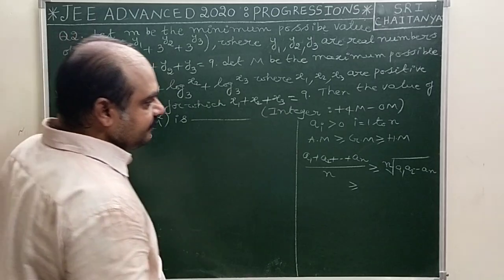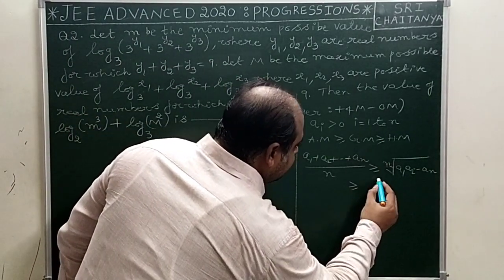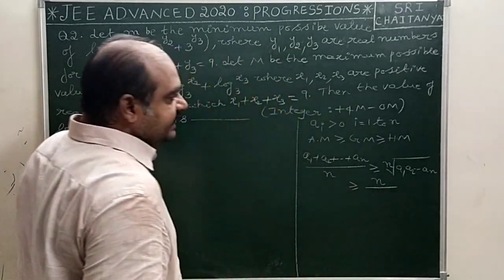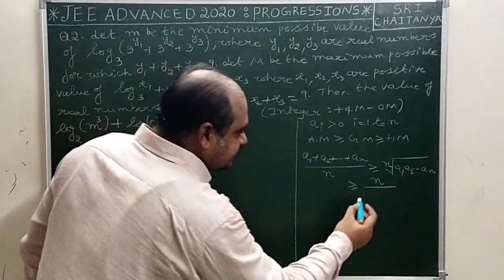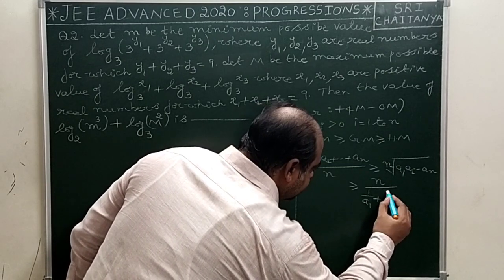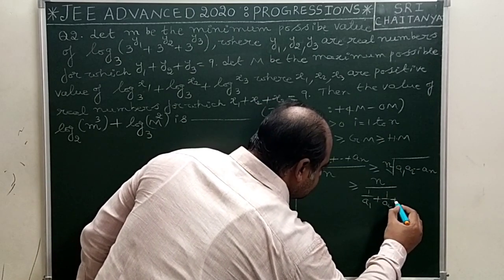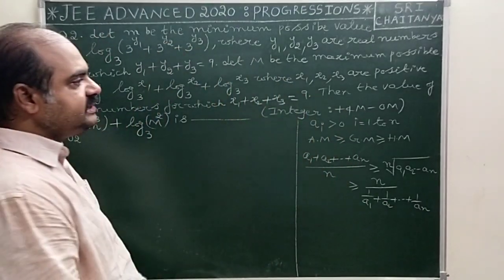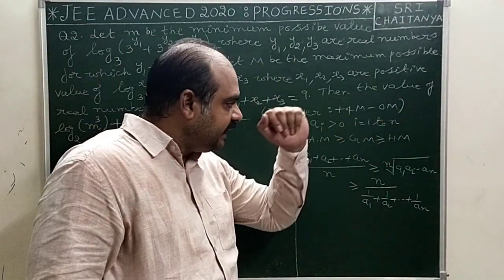HM of n numbers means the total number of numbers n divided by the sum of the reciprocals. So this is called the AM, GM, HM inequality.